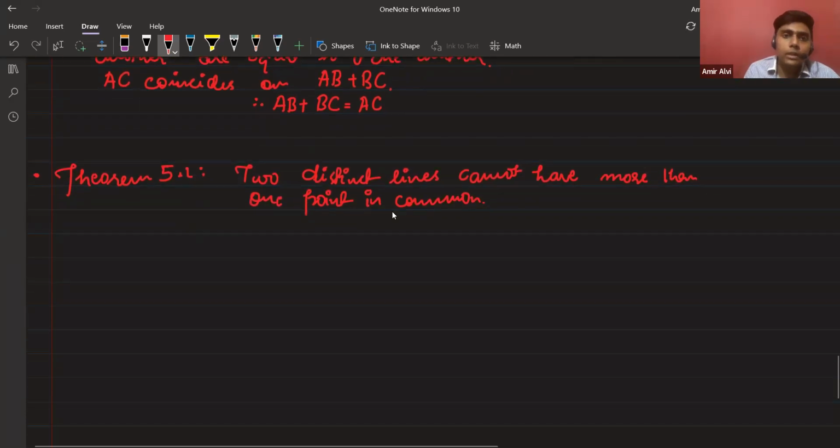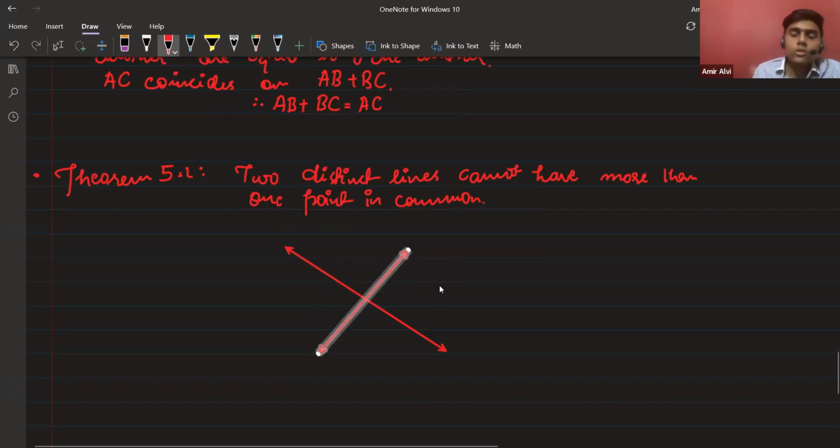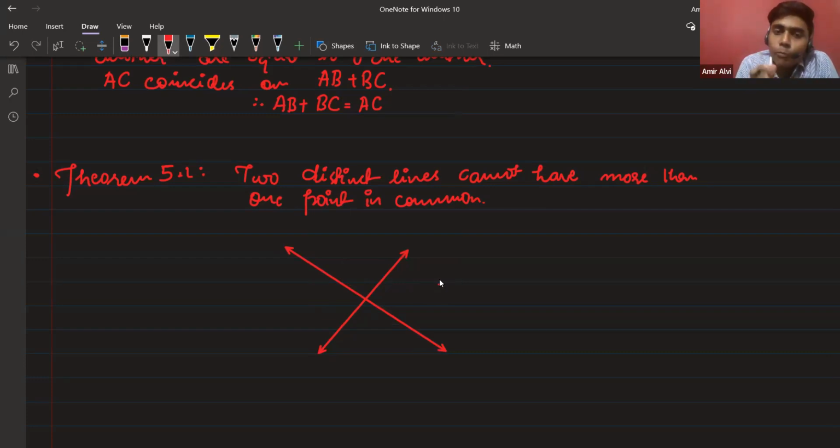Now suppose these are two different lines. Can we have more than one common point? No. If they are intersecting in any way, let me take one more example.